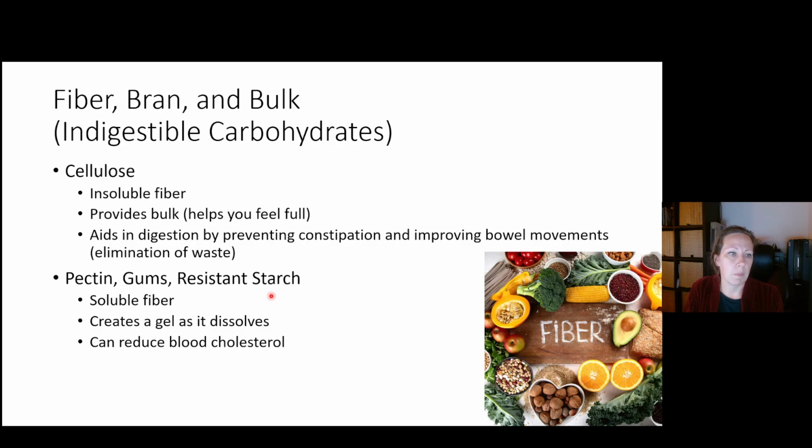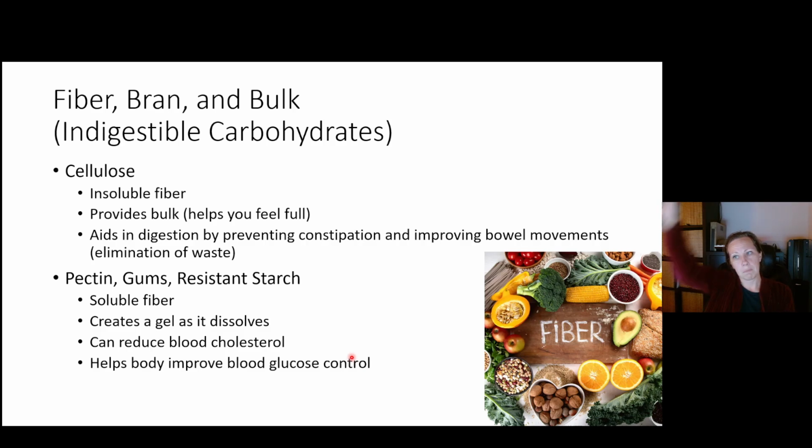Another good thing about soluble fiber, it has been shown to help reduce blood cholesterol as well as improve blood glucose control. So you're not getting big dips and peaks in your blood glucose, which is how diabetes works. Having big ups and downs in your blood glucose is not good for your body.